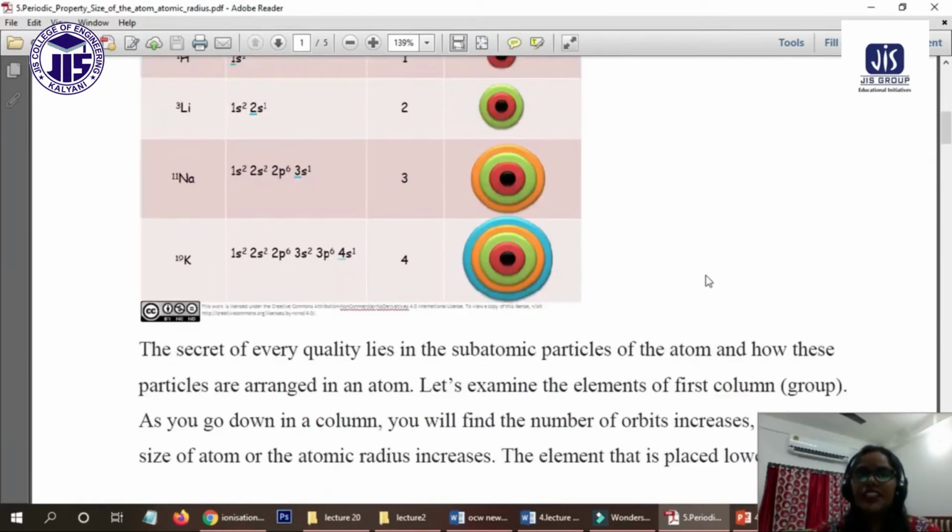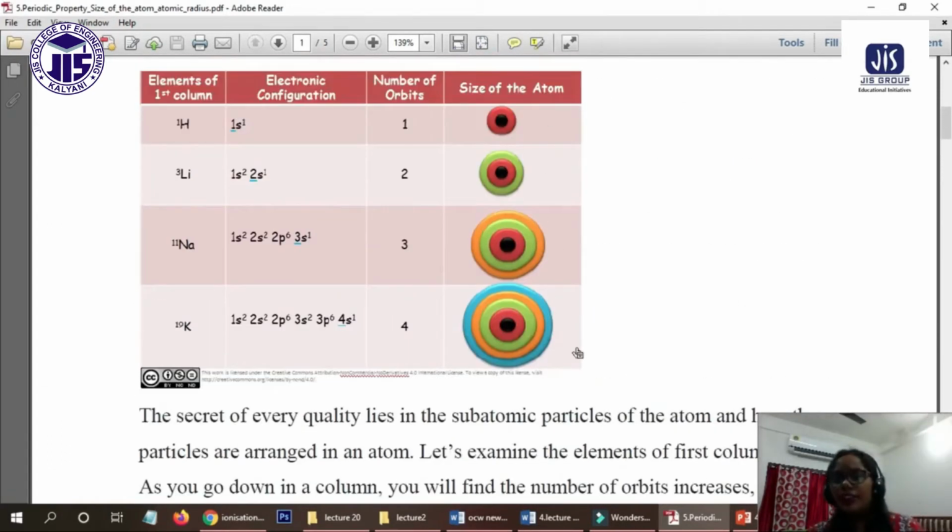And if we go down along the group, the extra shells are added. That's why the nuclear charge will not increase that much, so the outer orbital electrons are not held by the nucleus that strongly.